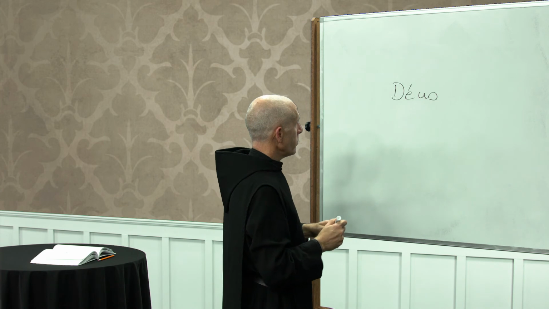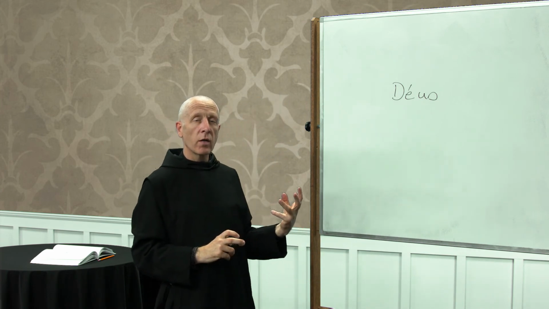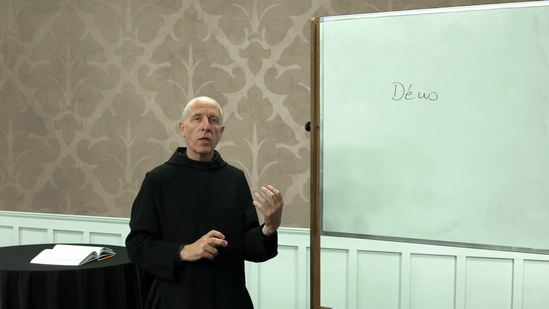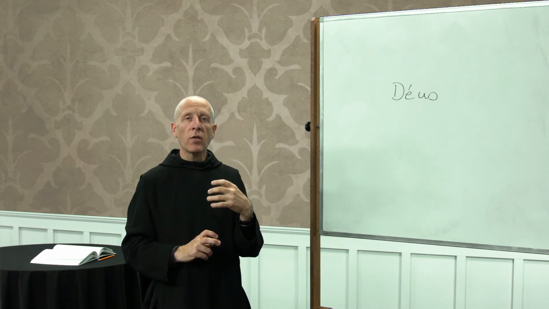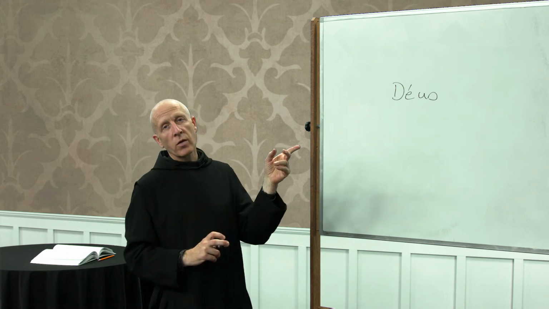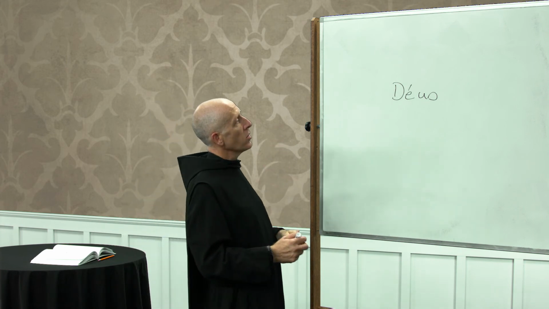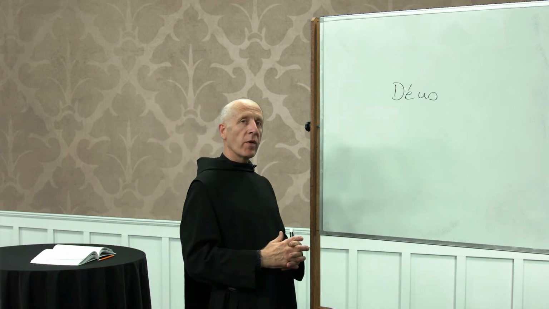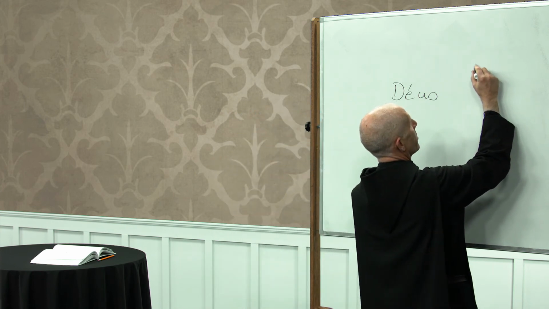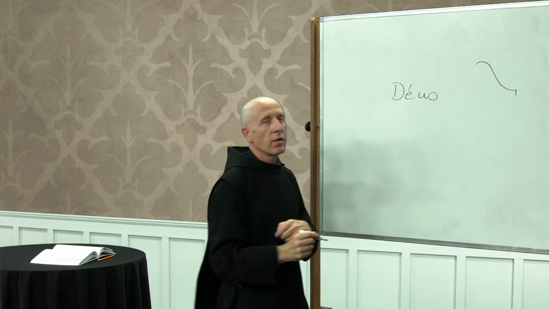Now, we want to rhythm this word. Remember, complete rhythm is one that ends on the fall, which means that in order to rhythm this word, we're going to have to make it end on the fall. Huh? So remember, the elementary rhythm looks like this. It's up, down on the ictus.